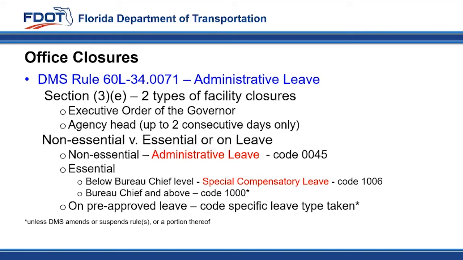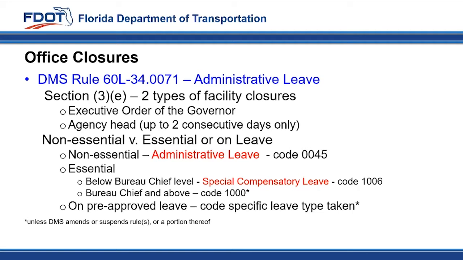The first is by executive order of the governor. Executive orders are typically signed in advance of approaching storms and may be amended throughout the emergency event or even after by the governor. Central Office is notified of county closures by DMS, and then that information is cascaded to those impacted within the agency.